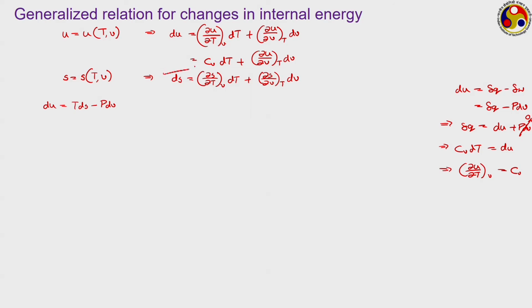So, if we put this expression for ds there, we have T times (∂s/∂T) at V dT plus T times (∂s/∂V) at T minus P dV.